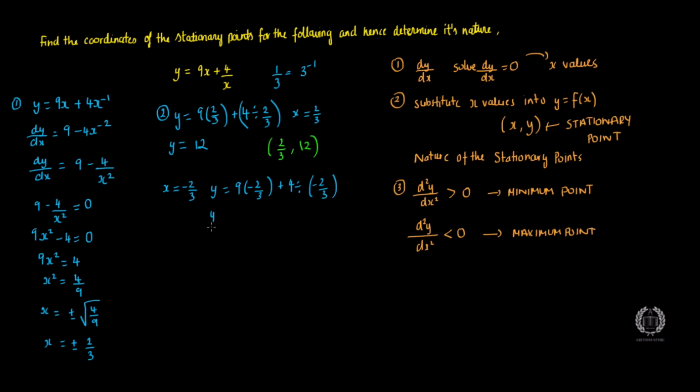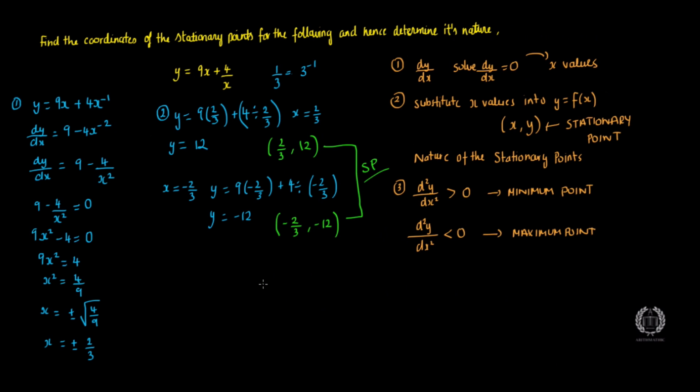So if you find that out, they're all the same, so that'll just give us minus 12, right? So just again, double check that in your calculator. That will give us my other stationary point: when x is minus 2 over 3, y is minus 12. So now you have two stationary points, right? So these are your stationary points. I'll just write SP, stationary point.